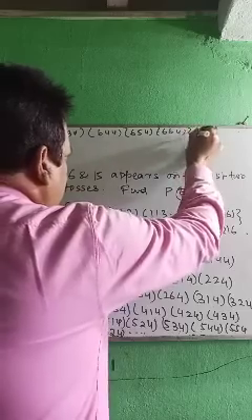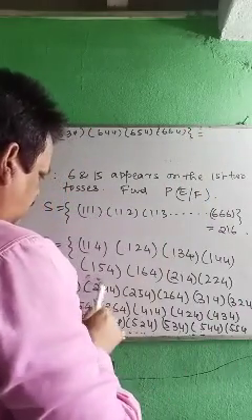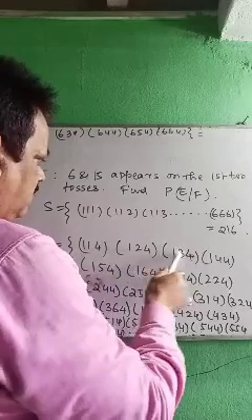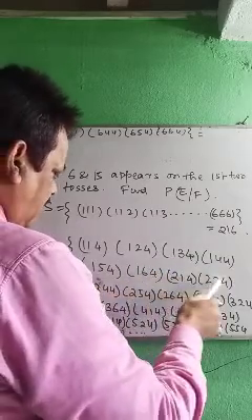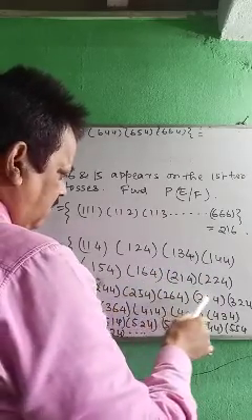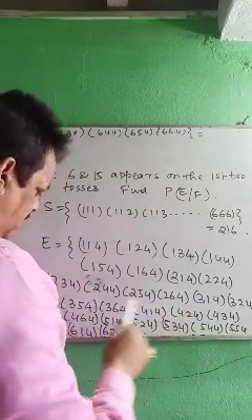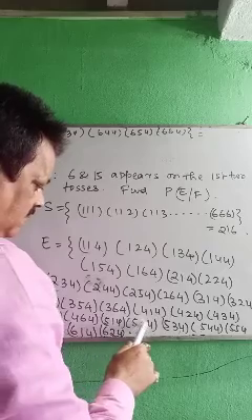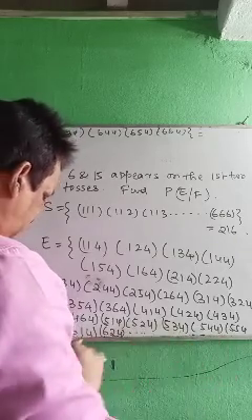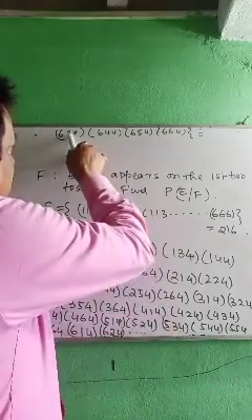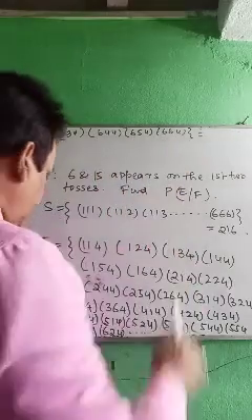So if you count, how many are you getting? 1 to 34.